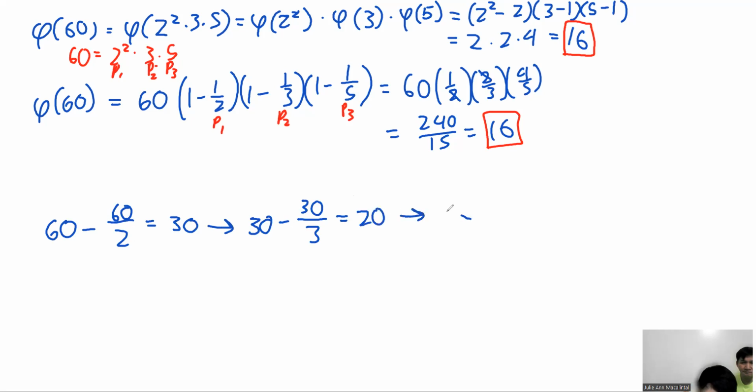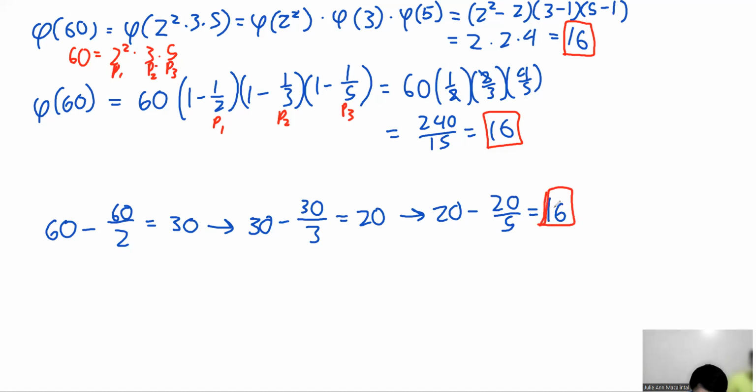Then 20 minus 20 over 5, which is P3, so 20 minus 4, 16.